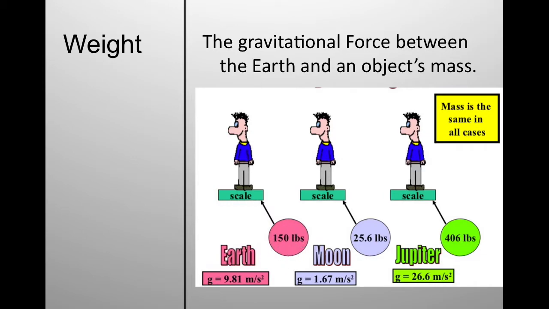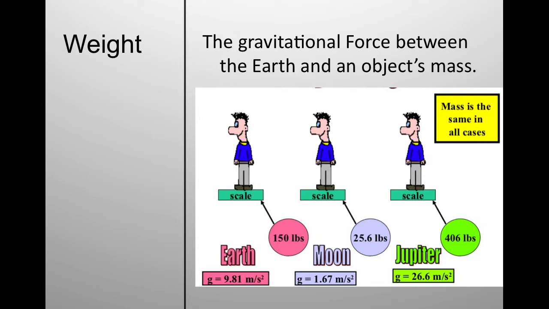If we were to take the same person who has the same mass, put him on the moon, he would experience a 1/6 of a difference in the gravity. Therefore, he will have less pull on his mass, and his weight would therefore be significantly less.